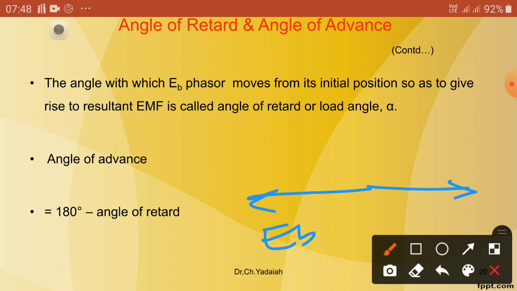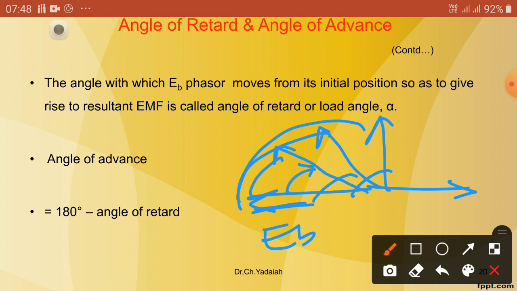Now, EB moves from this initial position, raising this angle, up to a maximum. This is alpha. Every time, alpha 1, alpha 2, alpha 3 correspond to the load on the motor, so as to give rise to the resultant EMF ER.